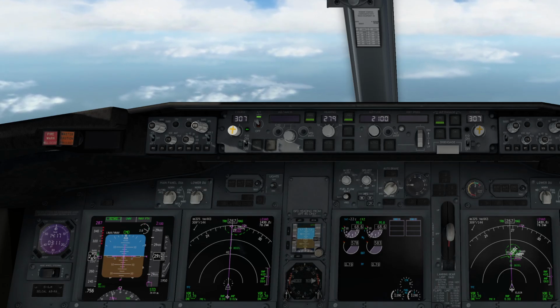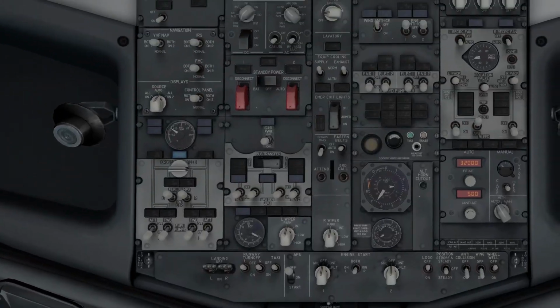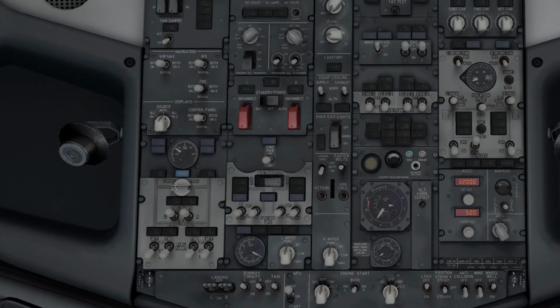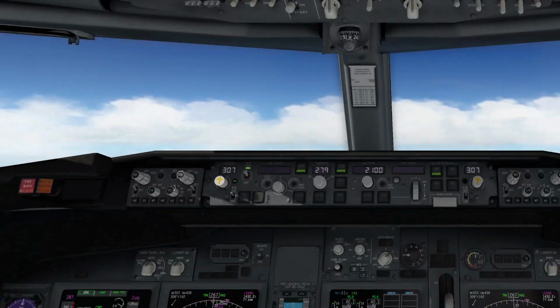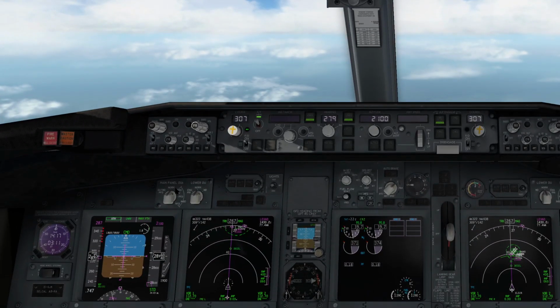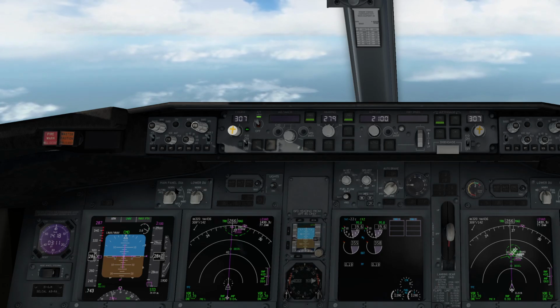Okay, less than 10 kilos, so we can close the crossfeed valve and return to tank to engine. So each wing tank is feeding its own engine.